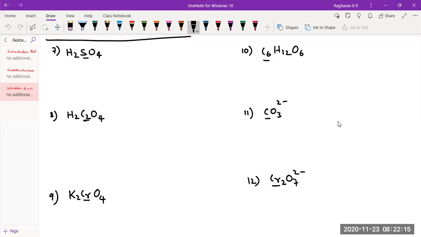Sir, can oxidation number be 0? You found zero oxidation number. Yes, sir. Actually, I think it's my mistake, but can it be 0?